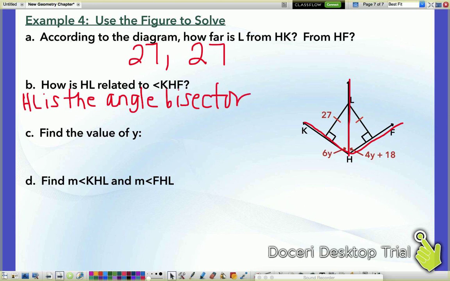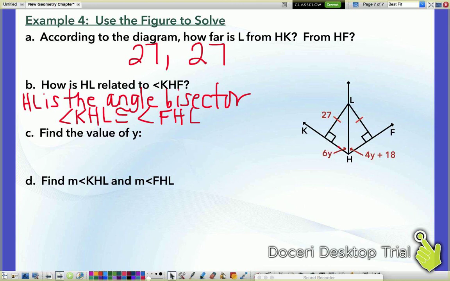Okay, which means it's going to split the angle KHF into two congruent angles. The two angles would be angle KHL, that would be congruent to angle FHL. I'll erase that so you can see. Okay, so HL will be the angle bisector.